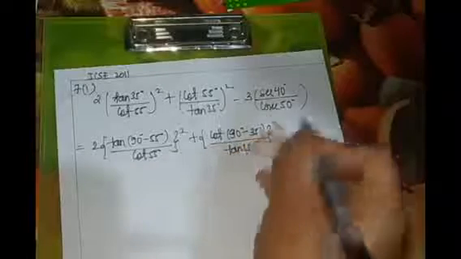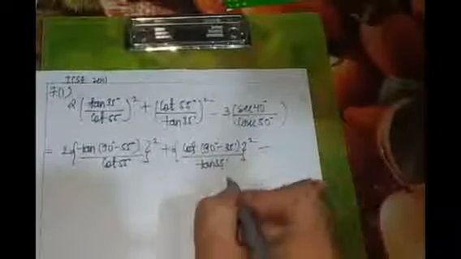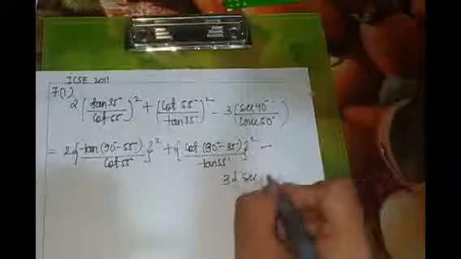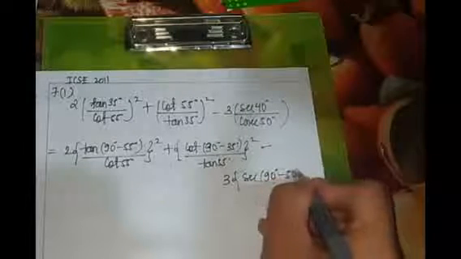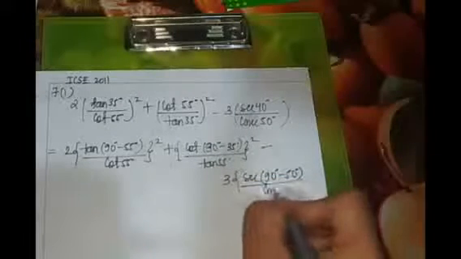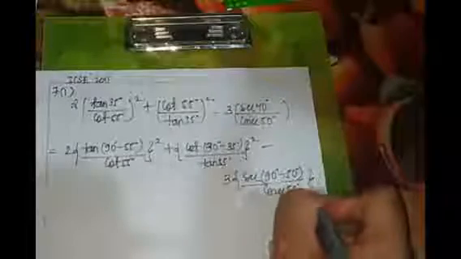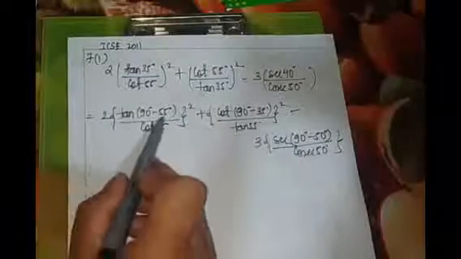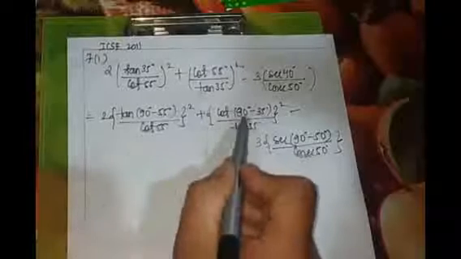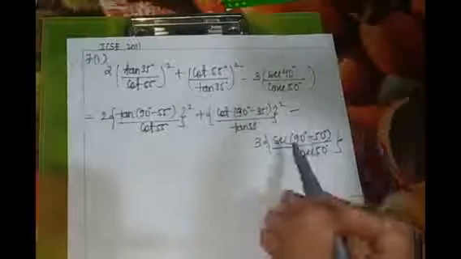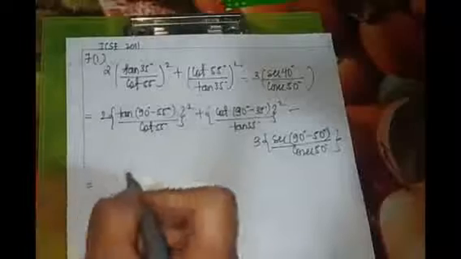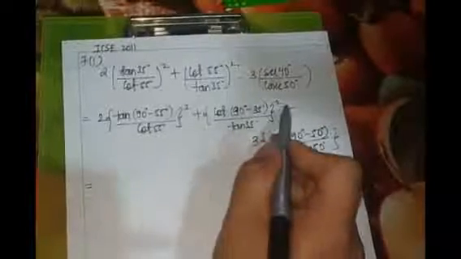And the final one, minus 3 sec 40, we can write as sec of 90 minus 50, divided by cosec 50. Now we know the formula. Tan 90 minus 55 is cot 55, cot 90 minus 35 is tan 35, sec 90 minus 50 is cosec 50. Everything gets cancelled out.